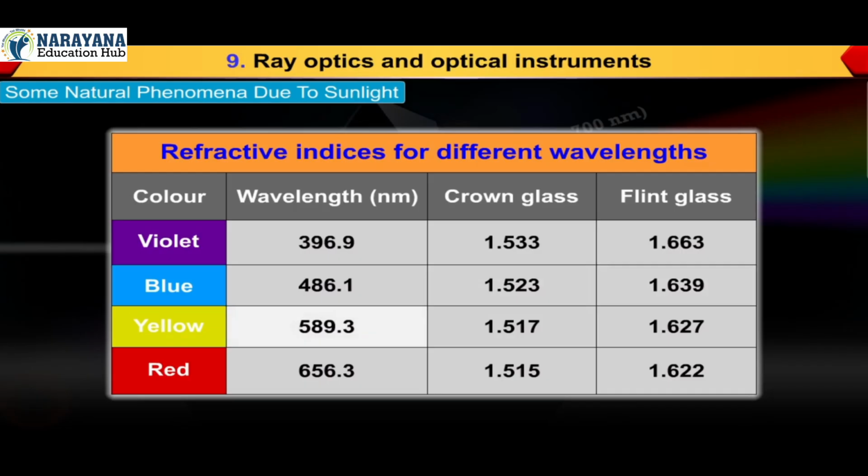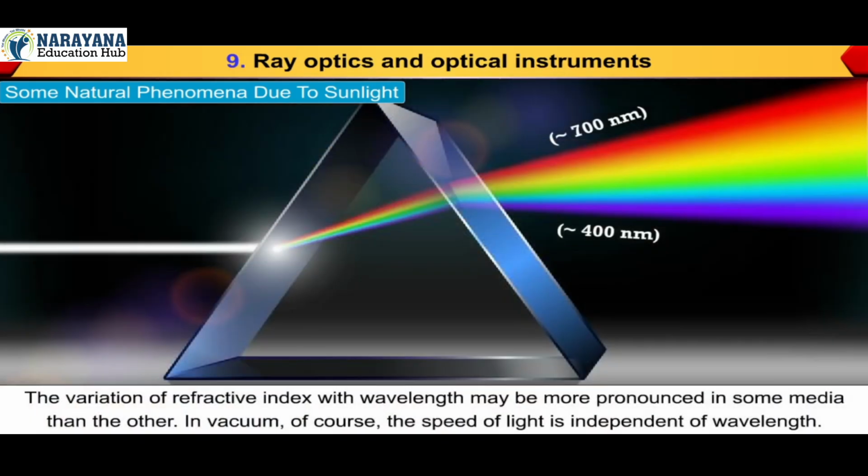Yellow, 589.3, 1.517, 1.627. Red, 656.3, 1.515, 1.622.